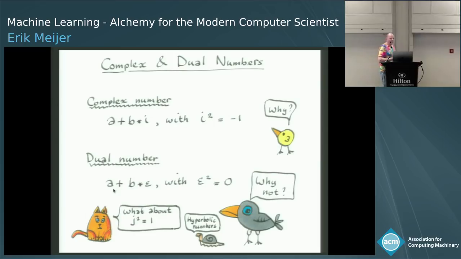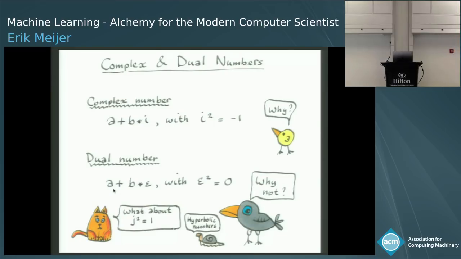Okay? So what is a complex number? It's a pair of numbers, A and B, or A plus B times I, where I squared equals minus 1. Okay? And you just make a choice. I squared equals minus 1. That's just a random choice. And now you can compute with these things as if they were numbers.